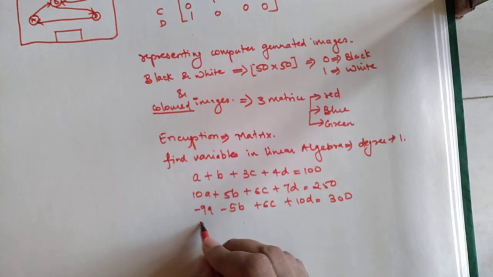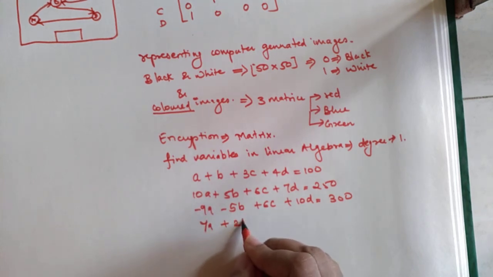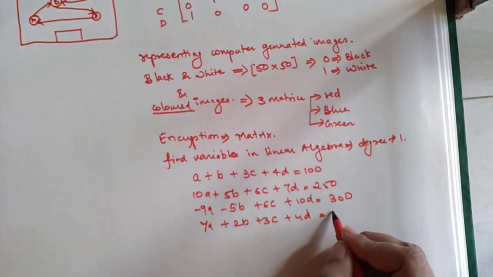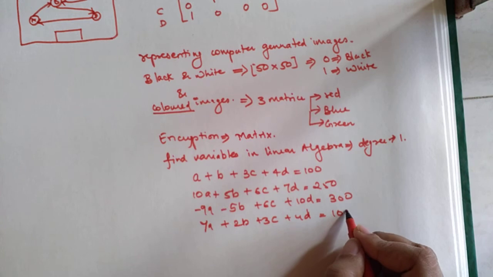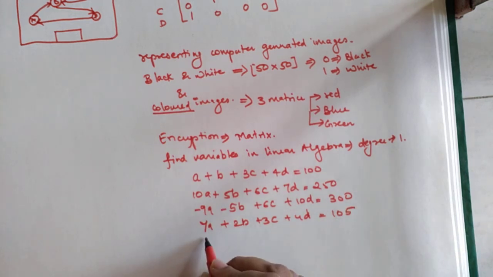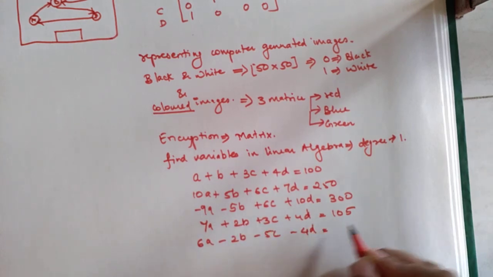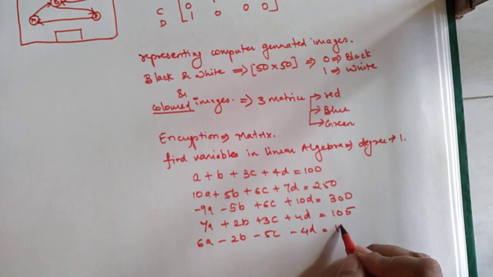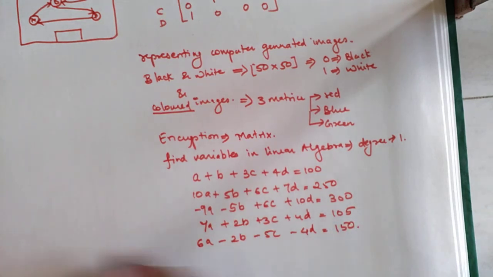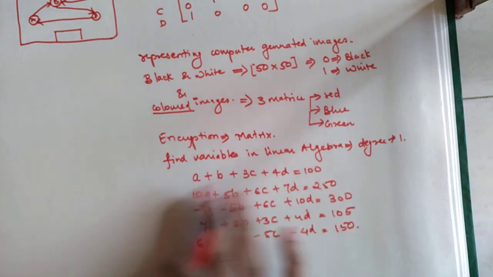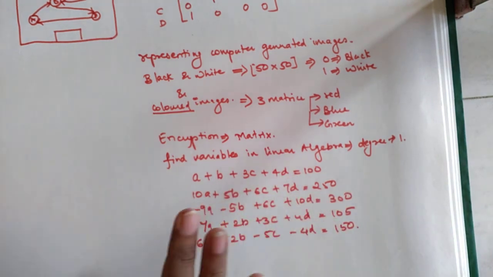So another equation is 7a plus 2b plus 3c plus 4d is equal to 105, 6a minus 2b minus 5c minus 4d is equal to 150. These are just examples, so don't go ahead and solve them, because I'm not sure whether you will get proper answers for these.